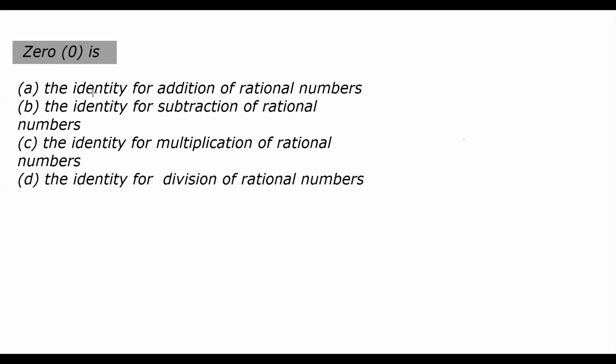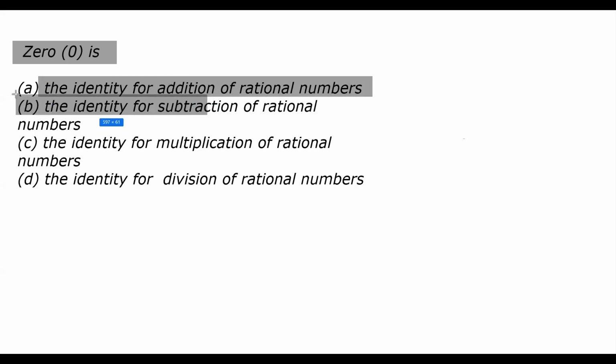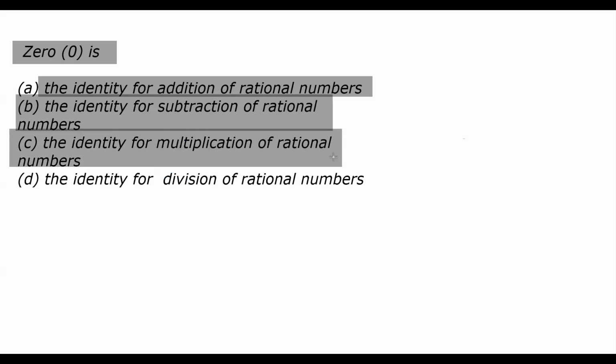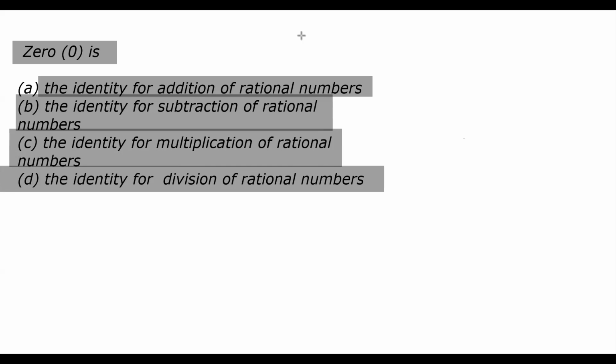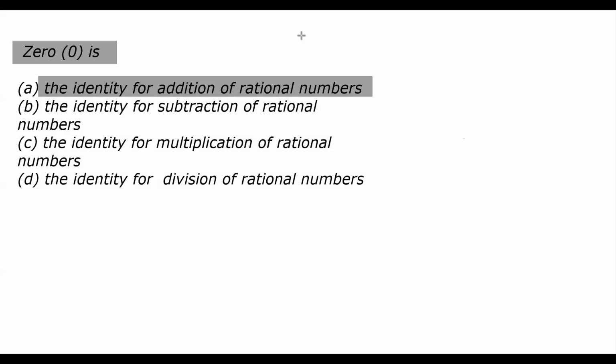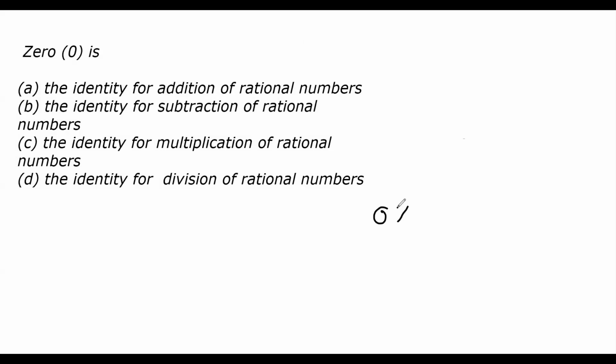The next question says 0 is what? Is it the identity for addition of rational numbers, identity for subtraction, identity for multiplication, or identity for division? What you should know is that if you multiply 0 with any number, we don't get the same number. We get in fact a 0. So 0 is not the identity for multiplication. Now look for some other things.